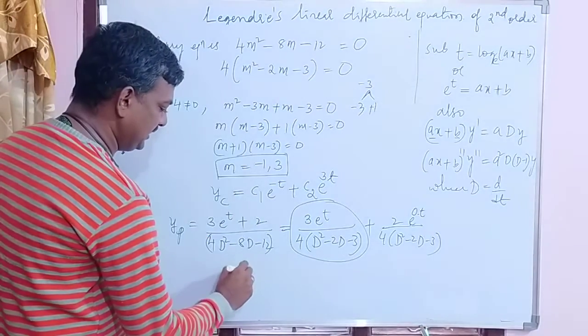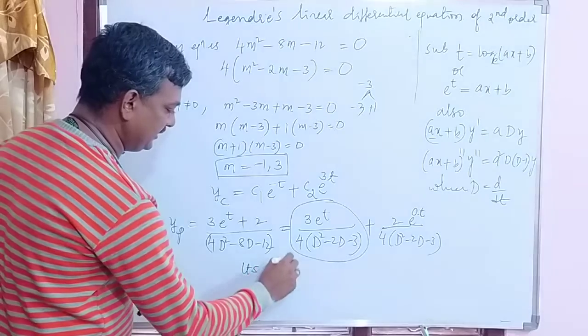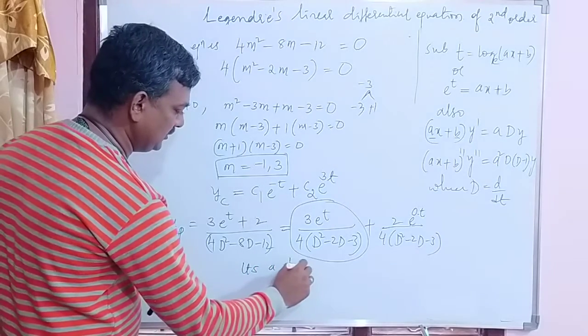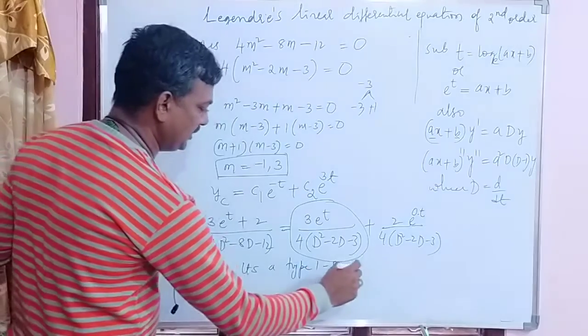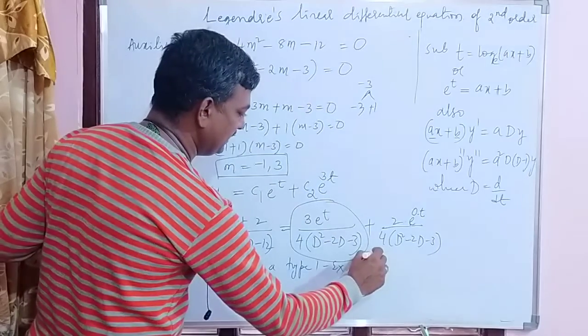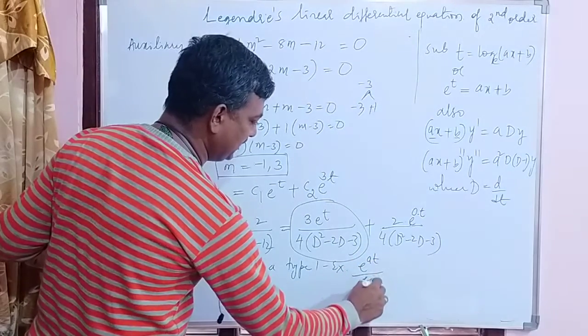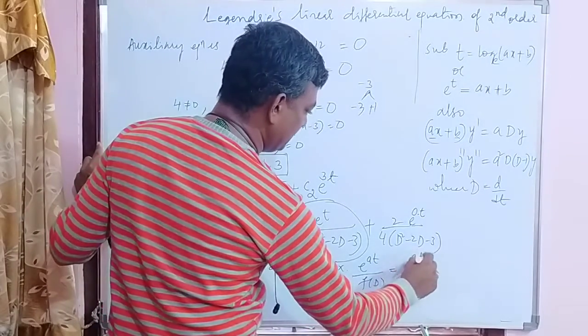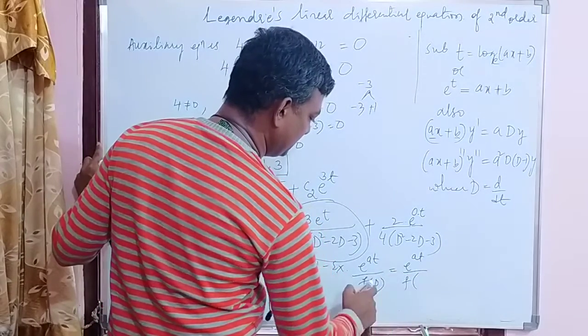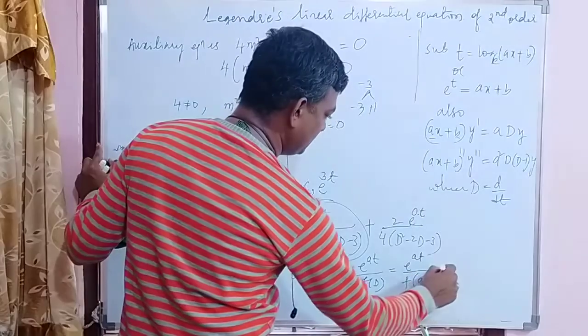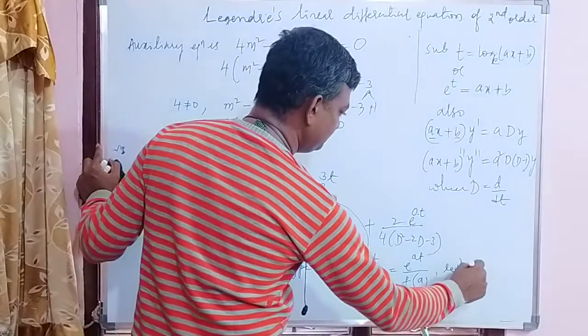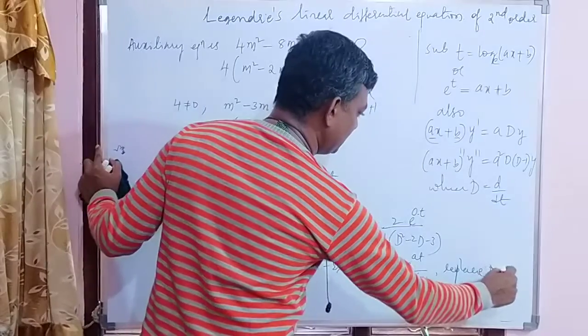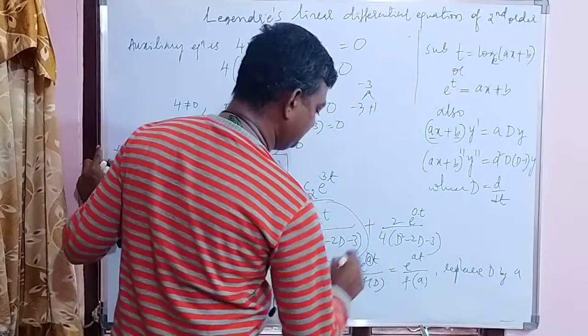It is a type 1 example. Type 1 example is e raised to at divided by a function of d. In such a case, how to evaluate this? This is e raised to at divided by, replace capital D by this a.